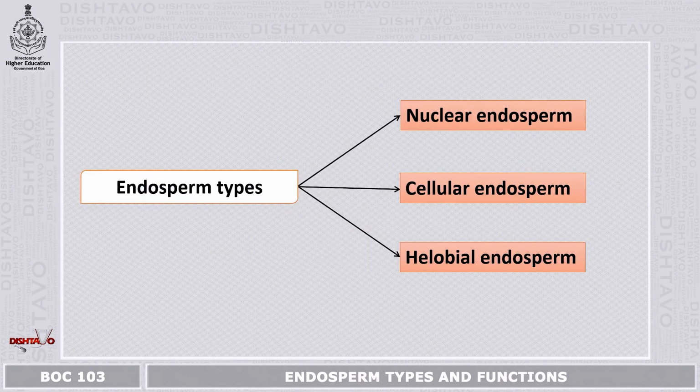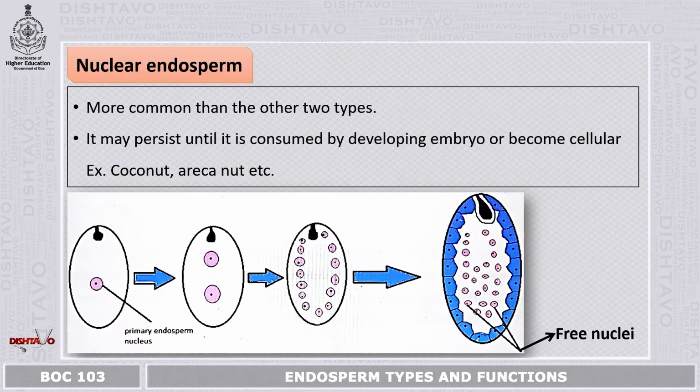Now the primary endosperm nucleus which is formed after the triploid cell, depending upon how it divides, we can categorize the endosperm into three different types. First is nuclear endosperm, second is cellular endosperm and third is helobial endosperm. In the coming slides, we will see in detail each of these three endosperm types.